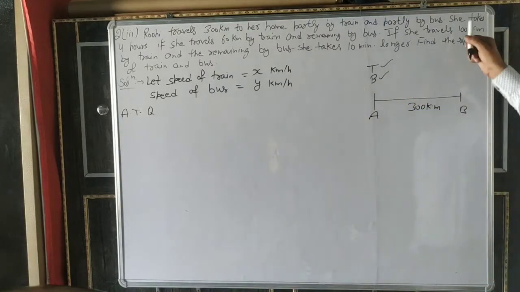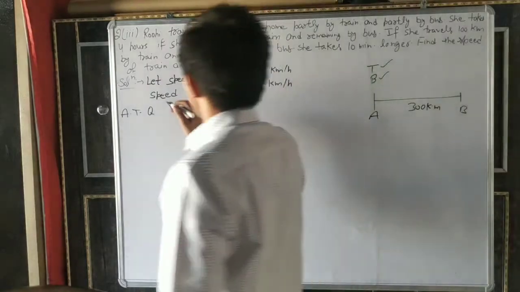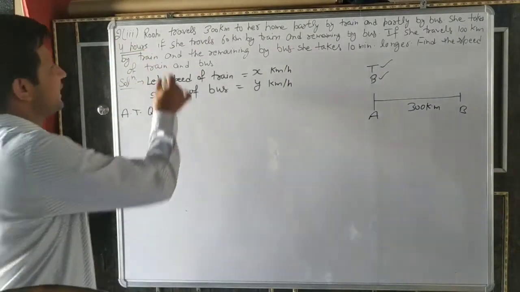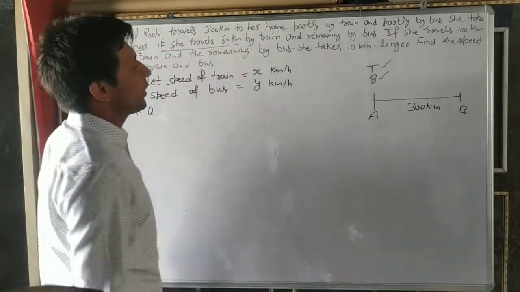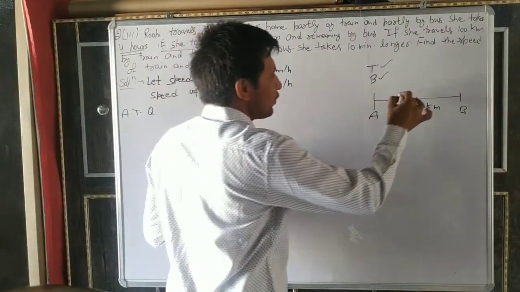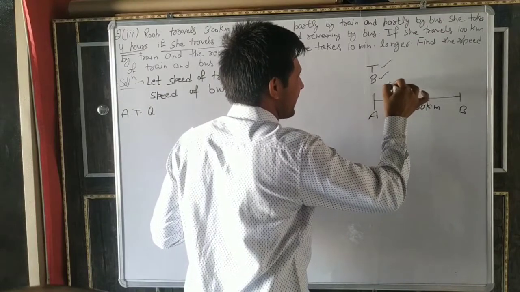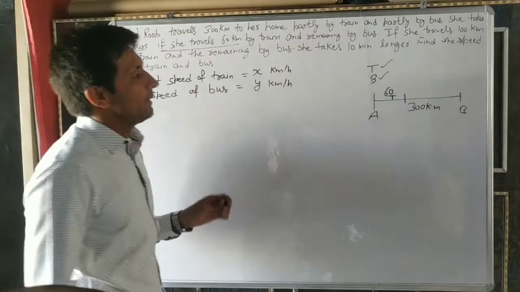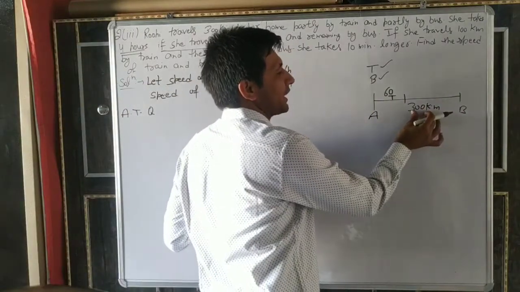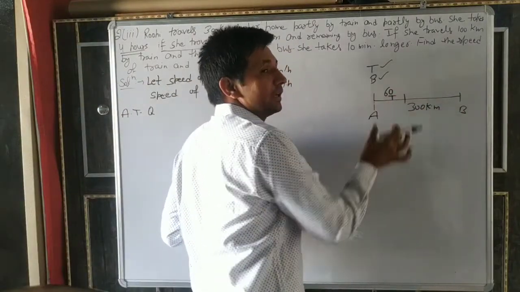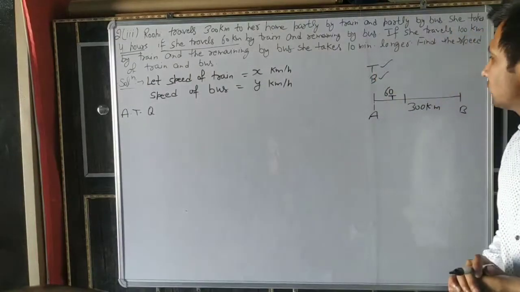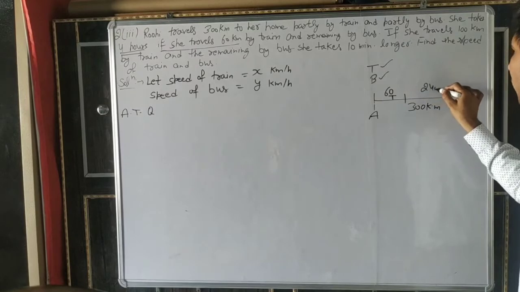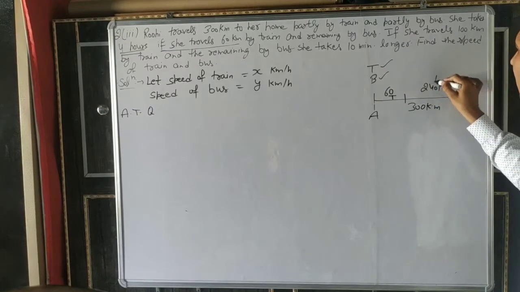It is given she takes 4 hours if she travels 60 kilometer by train. So it means first 60 kilometer she travels by train and the remaining by bus. How much remains? Total distance 300, and 60 kilometer she has already traveled by train, so 240 kilometer remain by bus.